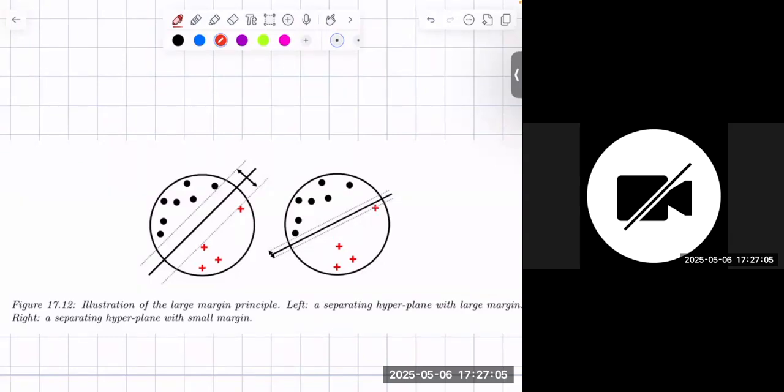Suppose you're trying to classify these data points. Would you like this boundary or that one? Here, if you had a little error, you would miss that data point being in the correct class. Here, you have wiggling room for error.